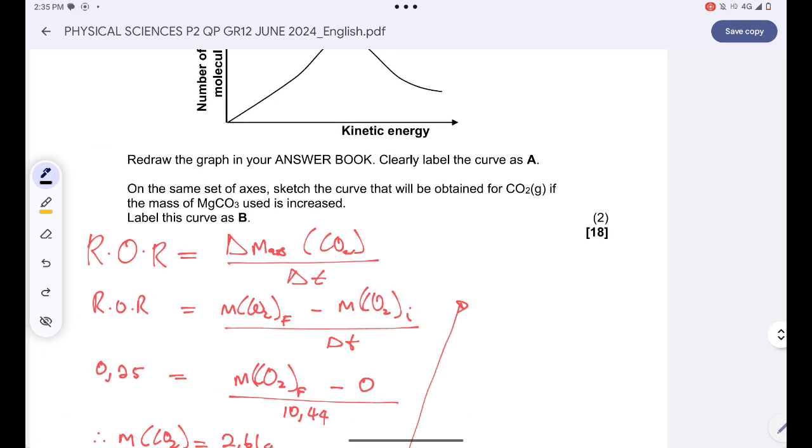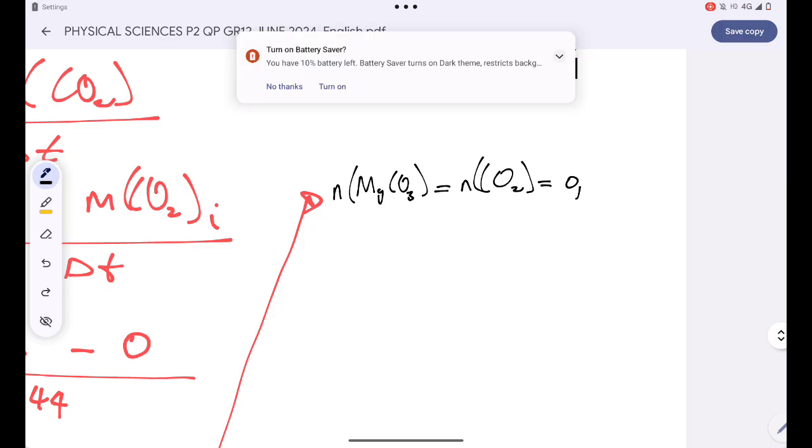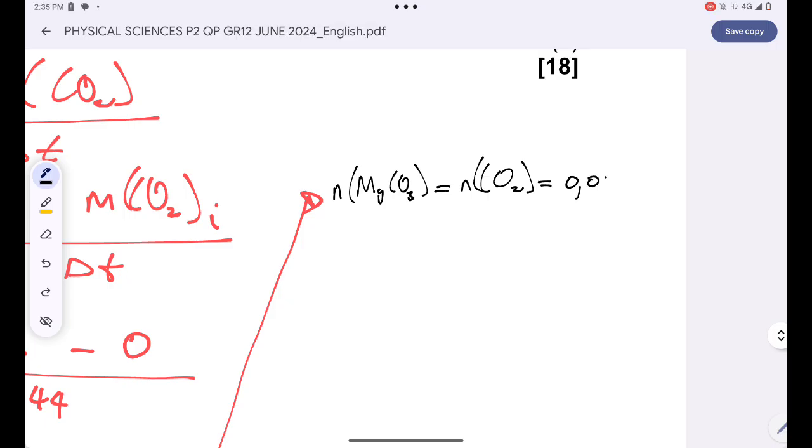So this simply means that the number of moles of magnesium carbonate that were used to create carbon dioxide should be equal to the number of moles of carbon dioxide that were formed. The number of moles of carbon dioxide, we simply have 0.0593 moles. Are you together?